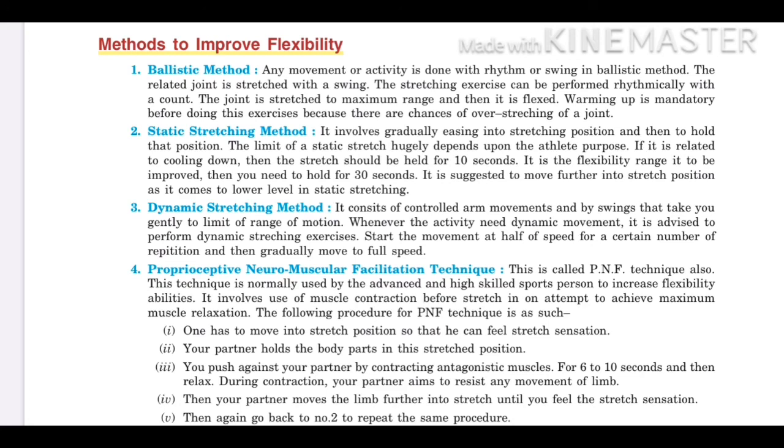During contraction, the partner tries to resist any movement of the limb. Then the partner moves the limb further into the stretch until the stretch sensation is felt. And last, repeat the whole procedure 4 to 5 times. So this is the PNF technique for flexibility.